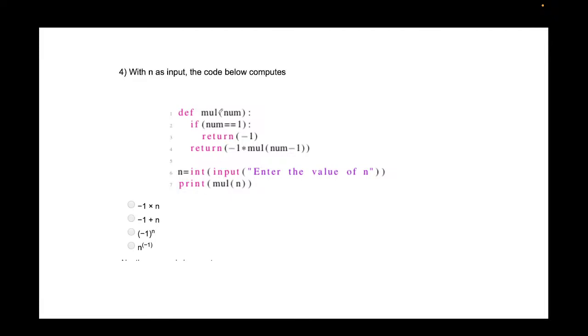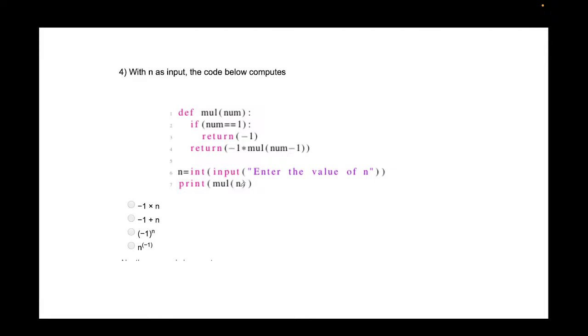When calling this function, if this n that is captured as num is equal to 1, it will return -1. Otherwise, it is recursively doing this process: -1 times mul of num - 1. If you do this with an example, it will be much clearer.